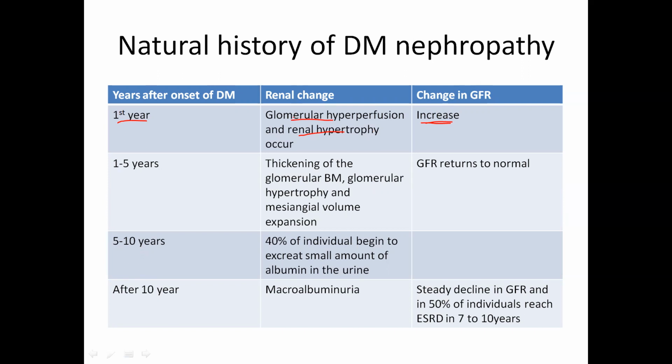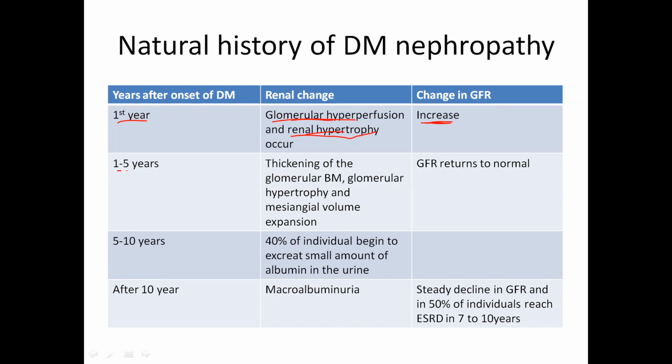The work of the kidney increases because there is renal hypertrophy and glomerular hyperperfusion. These two will increase the GFR. So within the first year of onset of DM, this renal change will ensue and the GFR will increase.